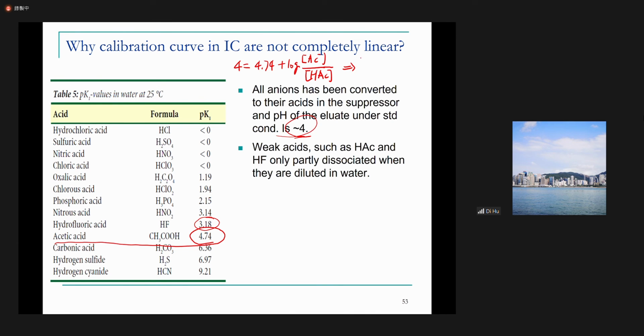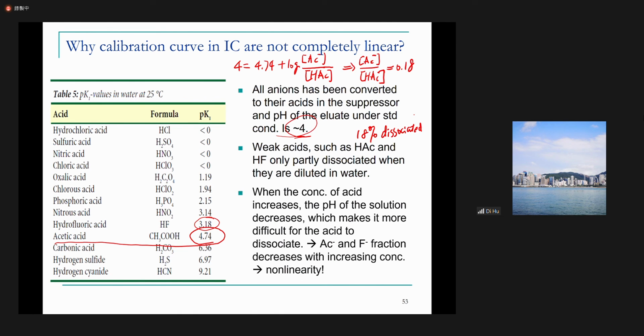So the ratio of the dissociated form to the neutral acid form is only 0.18. That means only about 18% is dissociated, so it's not fully dissociated. The sensitivity is not enough, just partially dissociated.